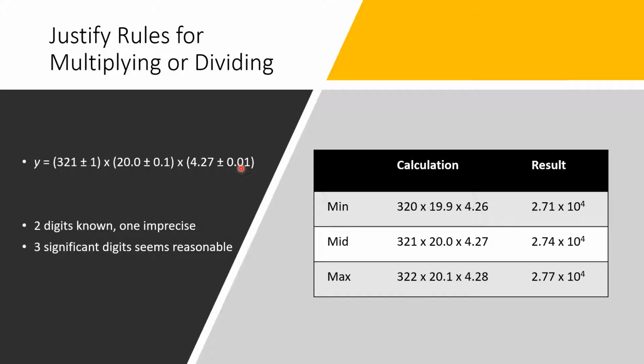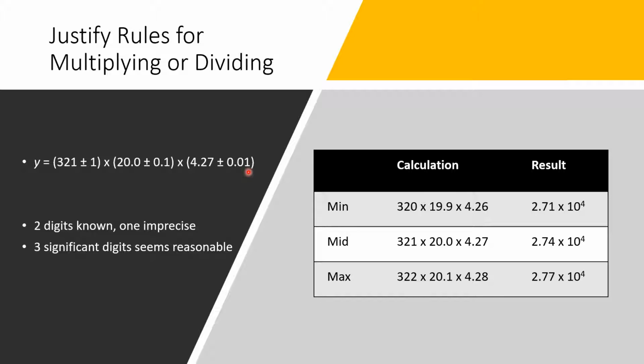Okay, so we're going to multiply these first using the maximum value. So it'll be 322 times 20.1 times 4.28. That'll give us the maximum range that we might expect to get if, for example, all 3 of them happen to be at the top range of their confidence interval.